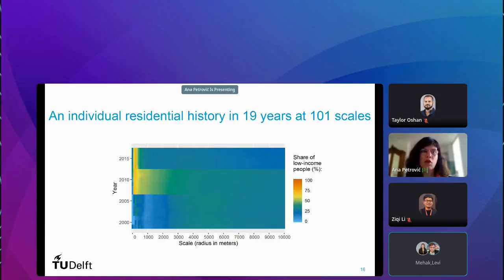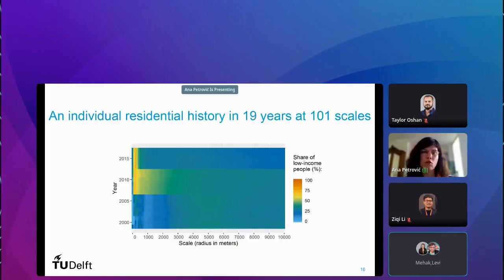Here I show the example of only exposure to low-income people, but we are looking at a range of population characteristics and different measures. This was only a simple example of the share of low-income people, but we can calculate different segregation indices.